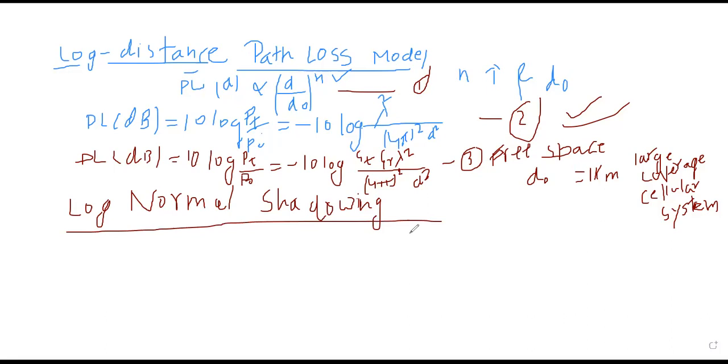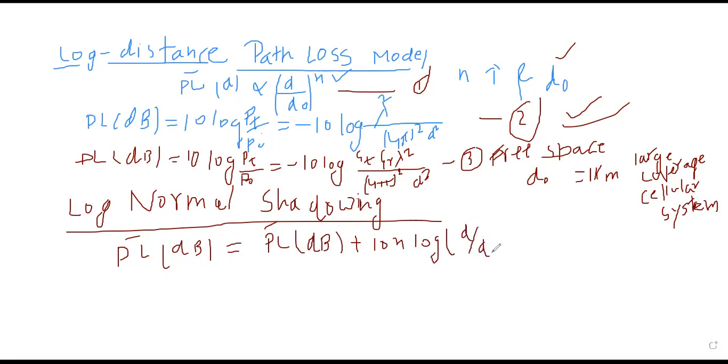So the model of equations: the first equation you have taken, and taking the log of these equations, it shows the path loss at a distance d in dB is equal to PL bar at d naught plus 10 n log of d upon d naught.